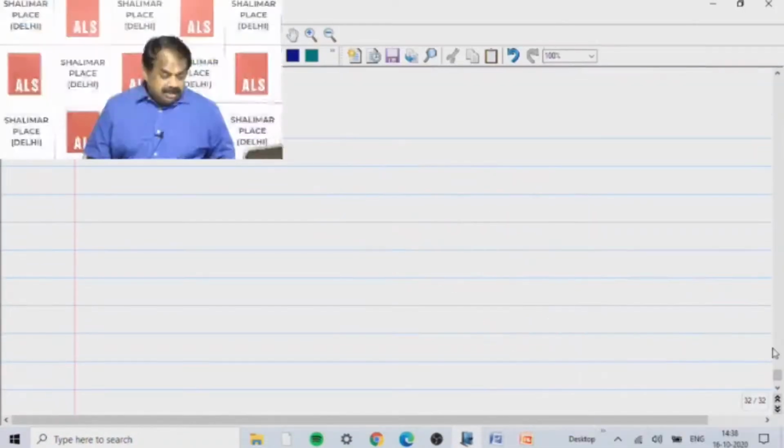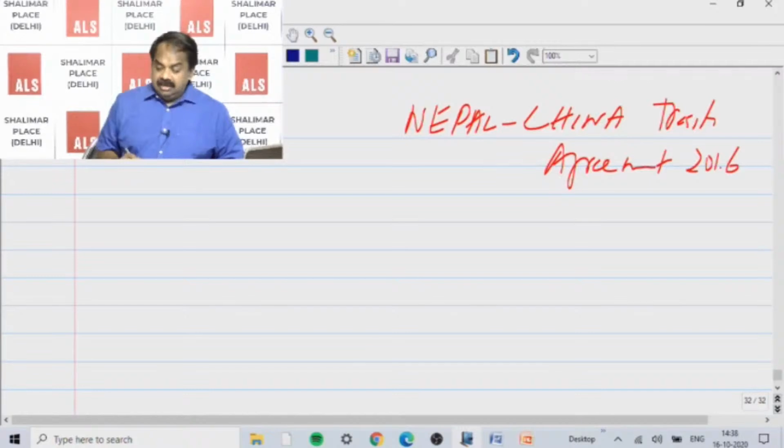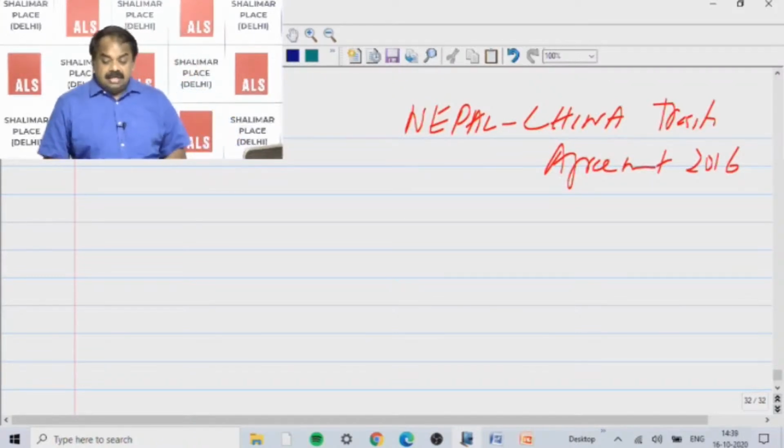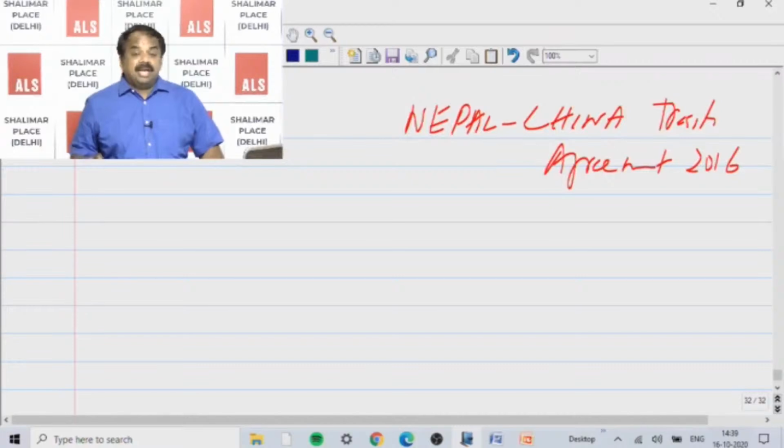As I already mentioned, after the economic blockade by India, Nepal and China signed a trade and transit agreement in 2016, so that Nepal can use the Chinese facilities.